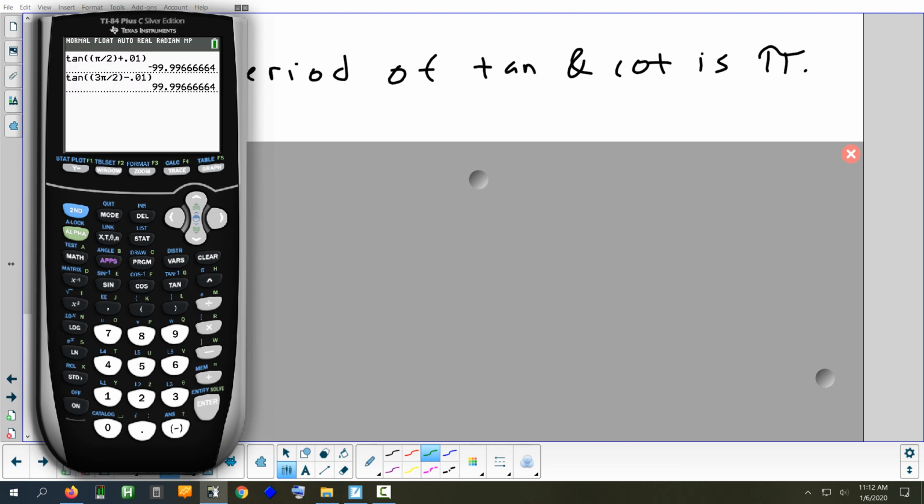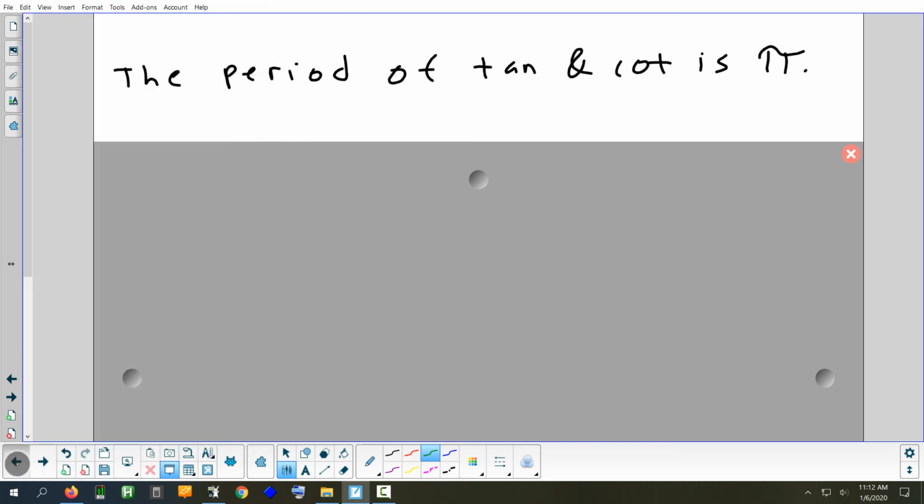If the cycle is pi, that means you could take the tangent of 1 and you get that as an answer. If you take the tangent of 1 and you add pi, you get exactly the same answer. If you take the tangent of 1 and you add 3 pi, you get the same answer. You can add multiples of pi and it doesn't change the answer.